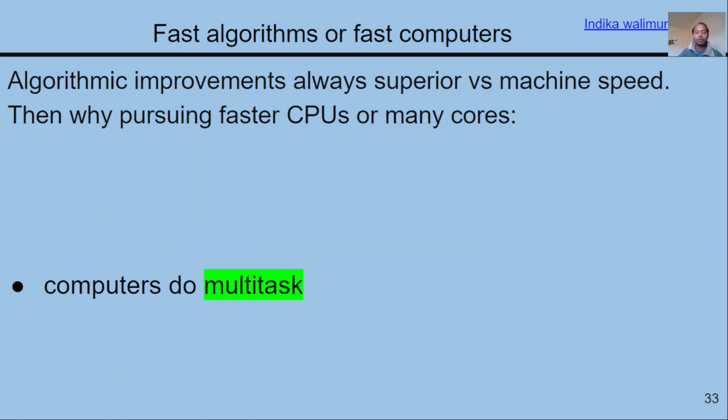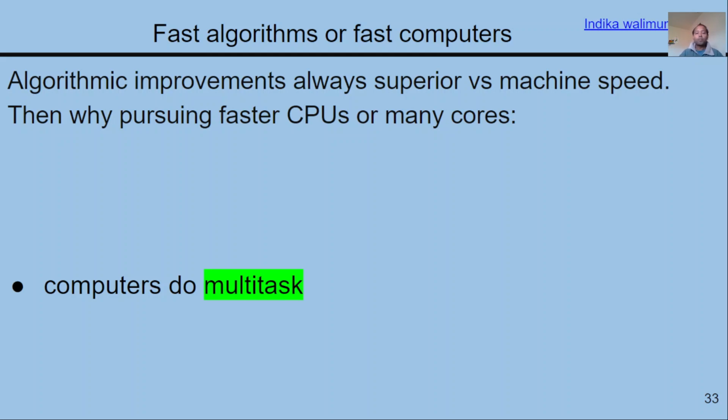Also, our algorithm solves only a specific problem, but computers solve maybe 1,000 problems at a time. Right, computers do multitask. For example, I'm presenting a Google slide, so that Google slide runs here, but I also use Qt underneath.